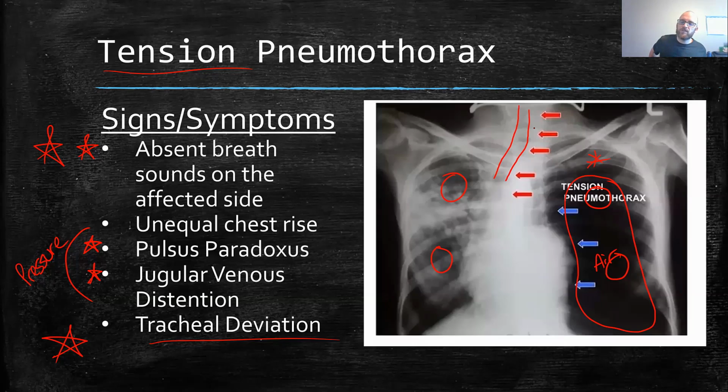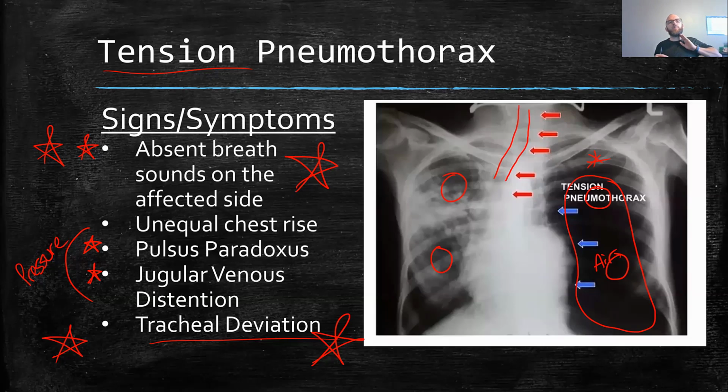Right? So tracheal deviation, very late sign, but it's a very common descriptor to tell us we're dealing with a tension pneumothorax as opposed to a simple pneumothorax or some other injury. Okay? So absent breath sounds on the affected side, and tracheal deviation, and remember it's going to deviate away from the pneumo because it's the air pressure pushing everything away.